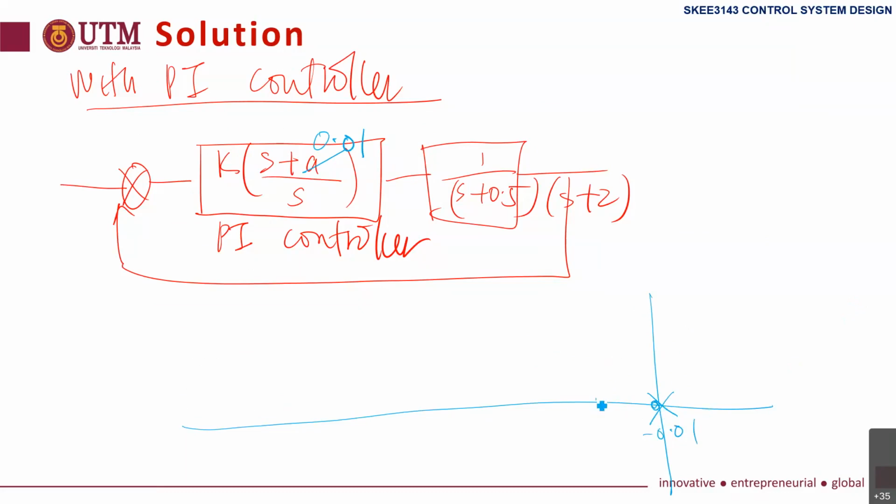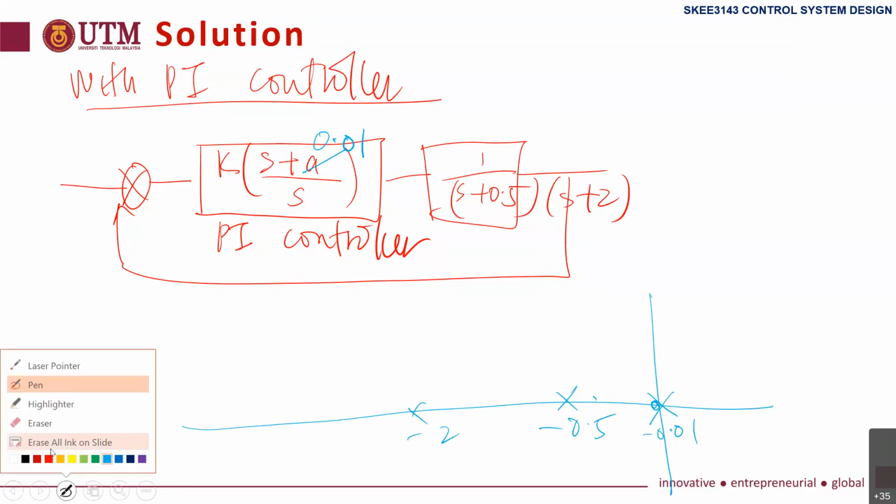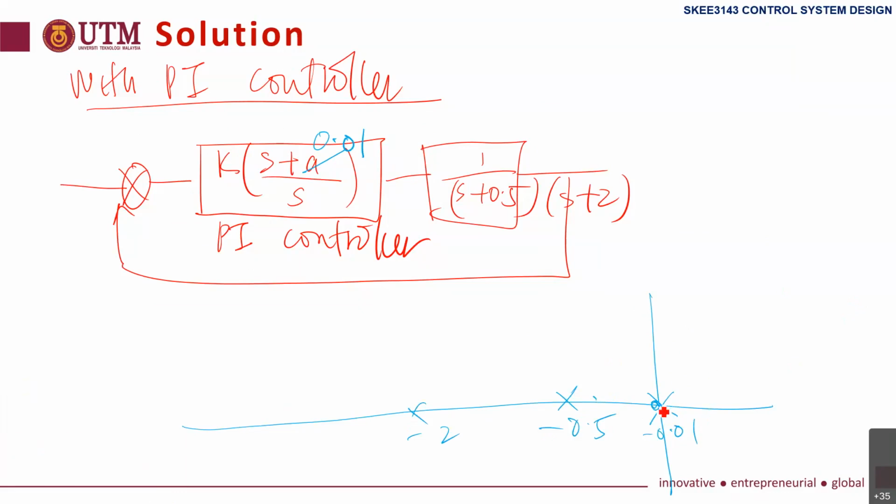We have poles at minus 0.5 and minus 2. There is a root locus here, cancelled out by the pole and zero here, and then another root locus here. Also, we go like this. And if you check, it will be also about here, about minus 1.25.